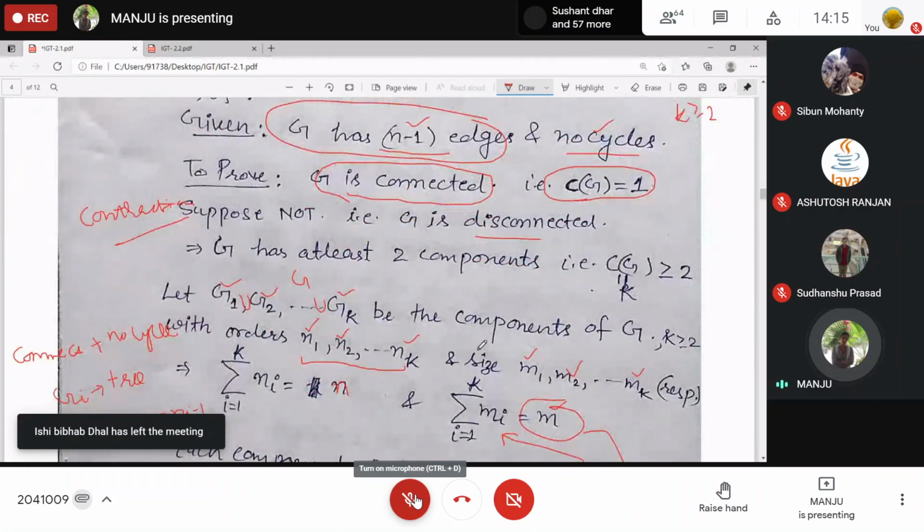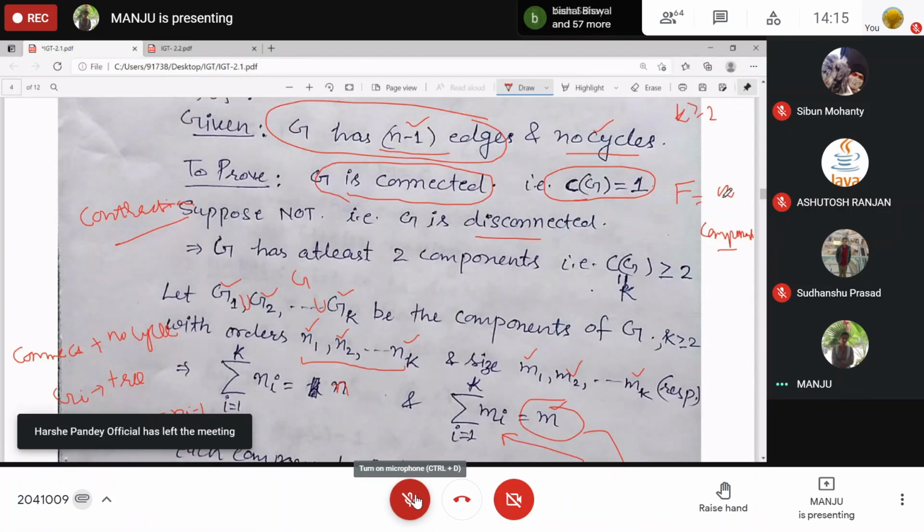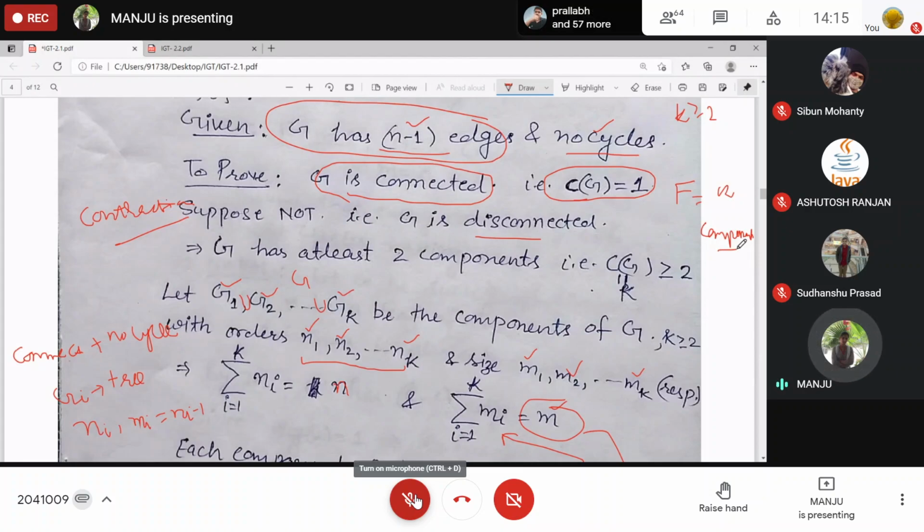Now, suppose I give you a forest F that contains k components. A forest consisting of k components, and the components of a forest are trees. Clear? Each component of a forest is a tree. A forest is an acyclic graph, and each component is connected.